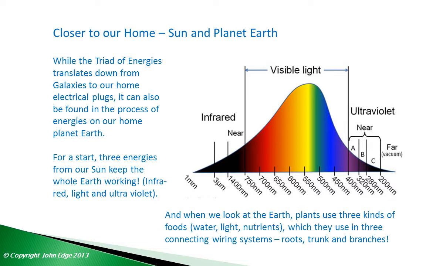And when we look again at the Earth, well, plants, we find that they actually need 3 kinds of foods: water, light, and nutrients. And they use that in 3 connecting wiring systems, moving energy through the plant, in and out of the plant, and that's through the roots, the trunk, and the branches. So this all again somehow to do with the 3, the system of 3, when we're looking at energies: the universe, the sun, and the earth.